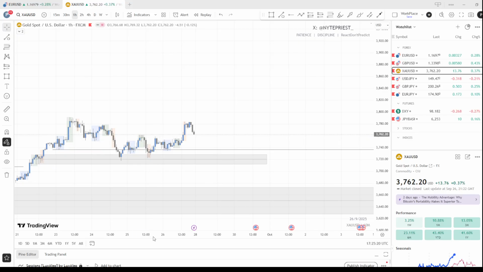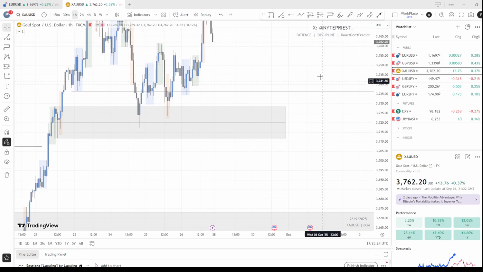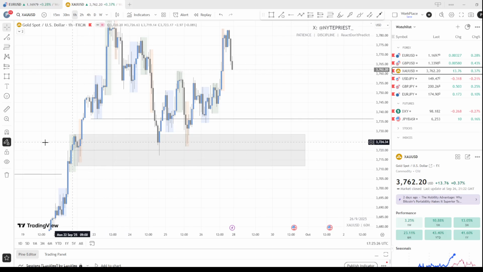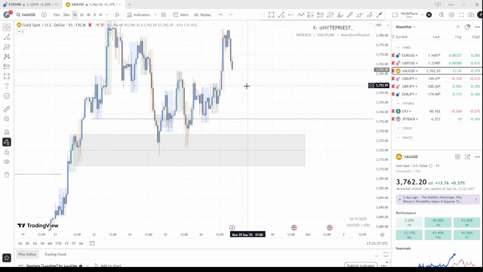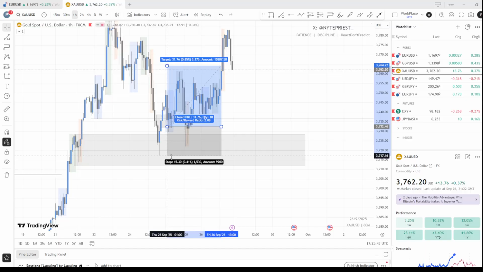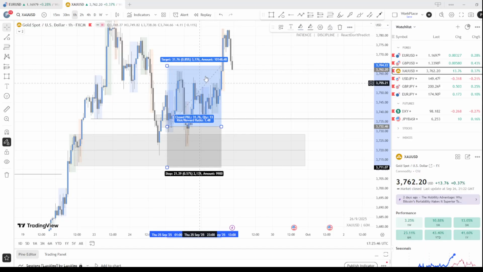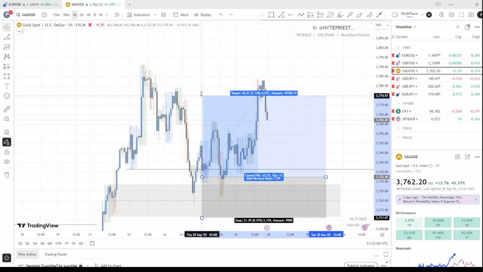All right. So I was in this trade. After mitigating this demand, I waited for this 1-hour supply to fill. So after failing, I entered on this other block with my stops here and my target here.